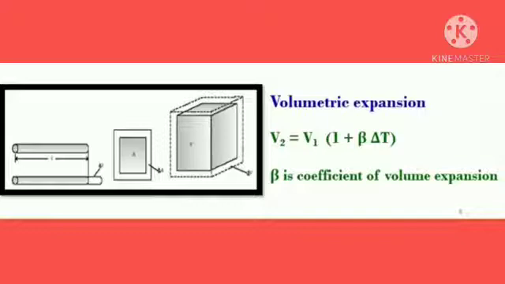This is given by the formula V2 is equal to V1 into (1 plus beta delta T). Here delta T is the change in temperature, V1 and V2 are the initial and final volumes of the solid, and beta is the volumetric expansion coefficient of the solid.